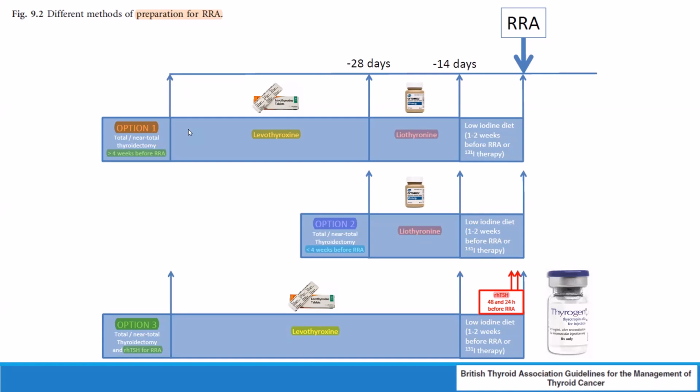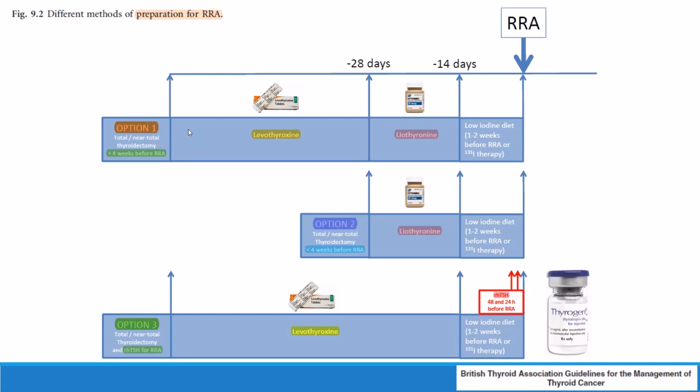For example, if the patient has some sort of central hypothyroidism, even if the patient presents with differentiated thyroid carcinoma and we do total thyroidectomy, TSH will not be elevated. In this situation, Thyrogen usage is mandatory. So in some situations in which TSH is not elevated after we stop levothyroxine or liothyronine, Thyrogen use is mandatory to increase TSH to more than 30, specifically in a patient with central hypothyroidism.